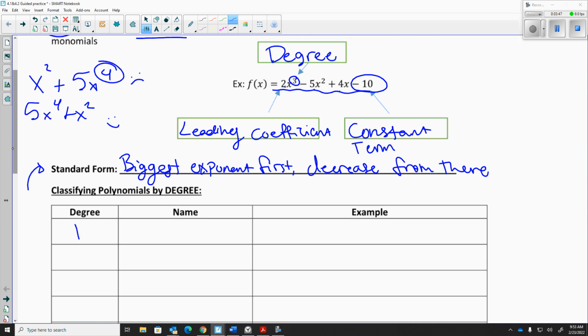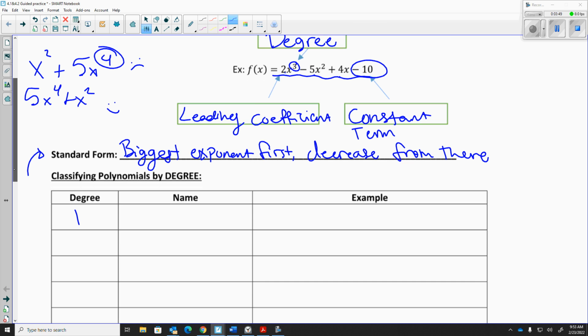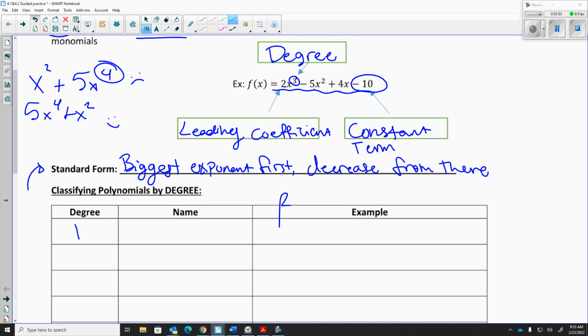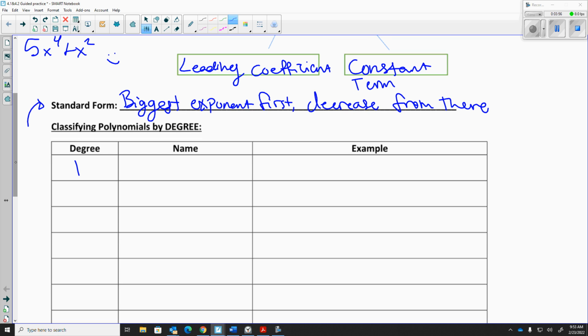So a first degree polynomial would be something like 2x plus 1. That's a first degree polynomial because the biggest exponent is 1, right? That's a linear polynomial. You guys know what linear things are, right? It's lines. We talk about that a lot.